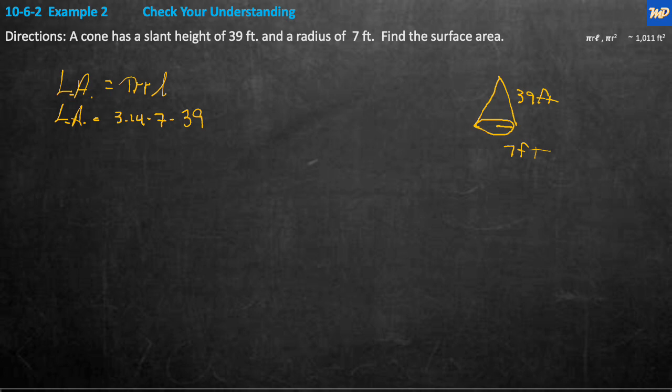So when I did the math on that, it comes out to 857.22, and this is in feet squared. And then from here we're going to do the SA, which is the LA plus the base.